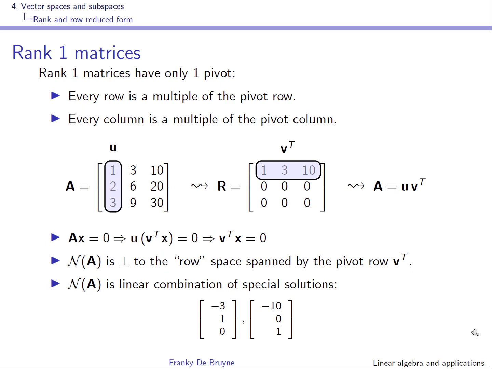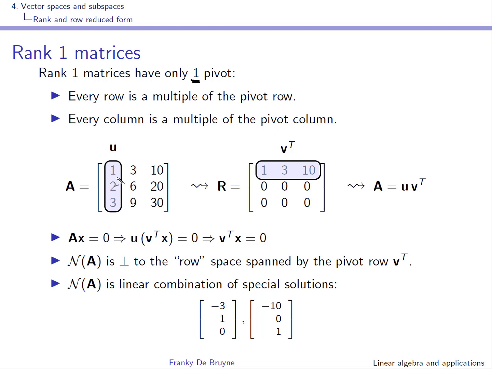So we can talk about a rank 1 matrix, and rank 1 matrices obviously have only 1 pivot. Okay, this means that every row is the multiple of the pivot row, and we'll call the pivot row V transpose. Or you could say that every column is a multiple of the pivot column. Okay, and we'll denote this pivot column by U. Okay, this is indeed the case.